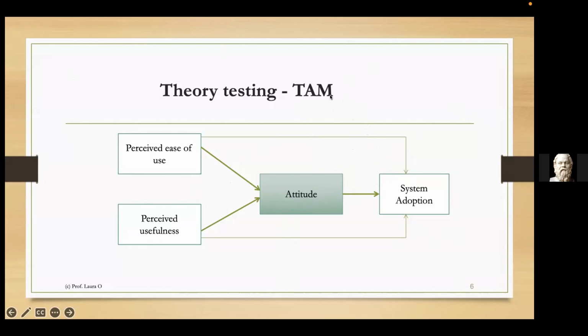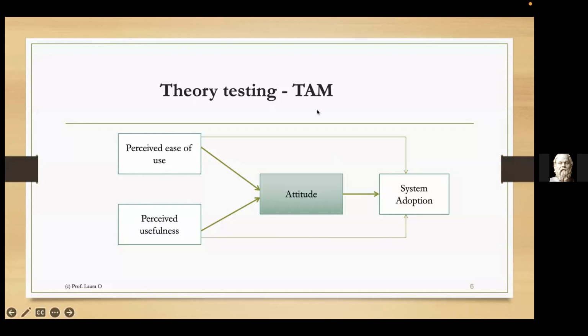Yeah, so the technology acceptance model is used to explain adoption behavior. Why do people end up using certain systems? Why do people end up using online banking systems, ATM systems? You know, why do people end up doing things the way they do?